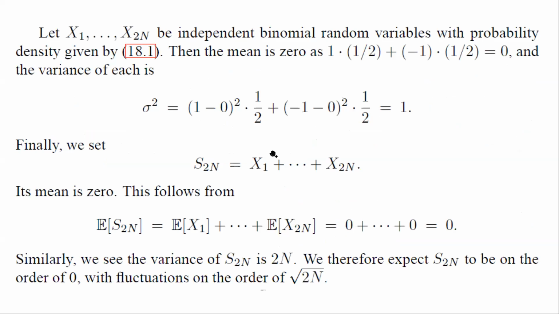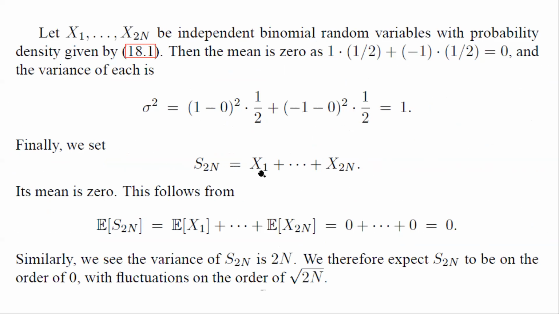So we have our independent binomial random variables. We can calculate the mean. It's just 1 times its probability of 1/2 plus -1 times its probability of 1/2, which is 0. We can similarly calculate the variance, and the variance is just 1. So we let S2n be the sum of the first 2n tosses.